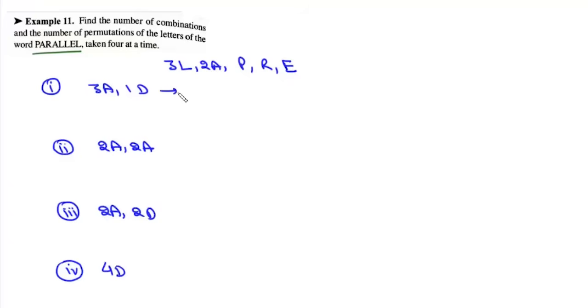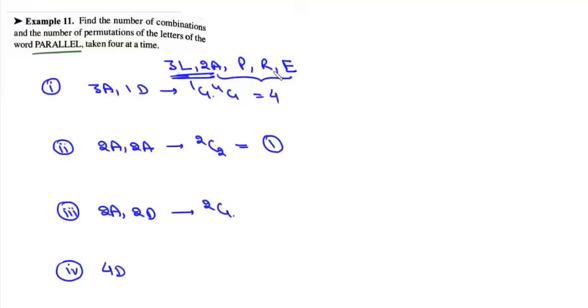Now first we'll talk about just selection. Now 3 alike can only come from 3 L's, so it will be 1C1, and then 1 distinct can be any one of the 4, so it will be 4C1. So it is simply 4 cases. Now 2 alike and 2 alike can come from 3 L's and 2 A's, so it will be simply 2C2, which is only 1 case. Now 2 alike will be 2C1 and 2 distinct will be 4C2.